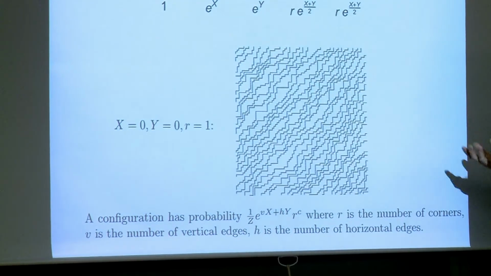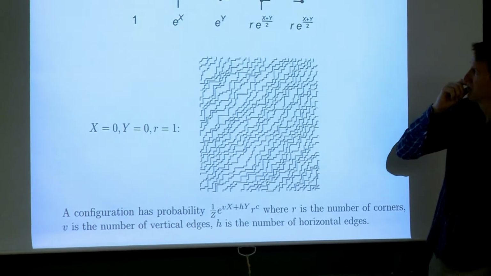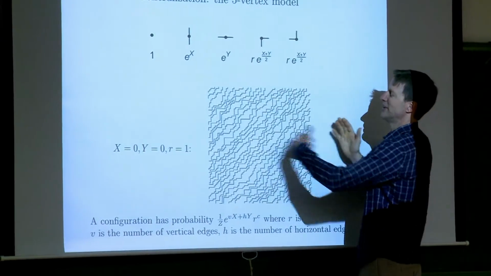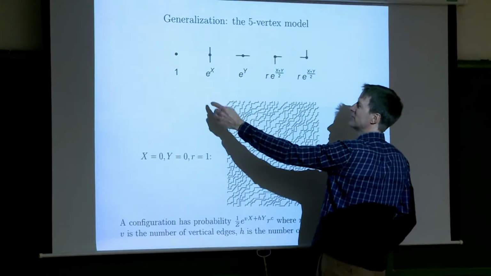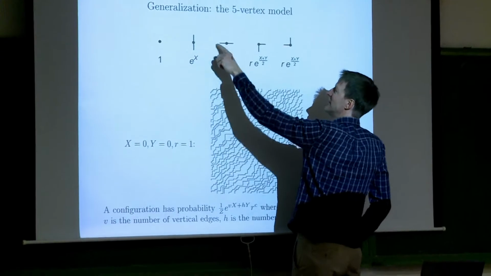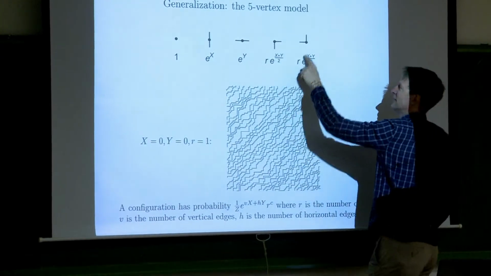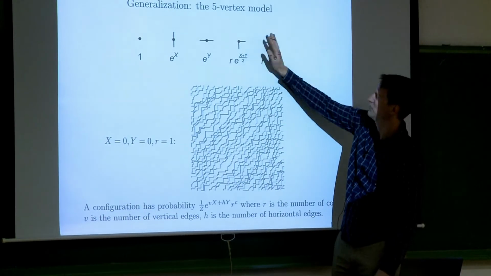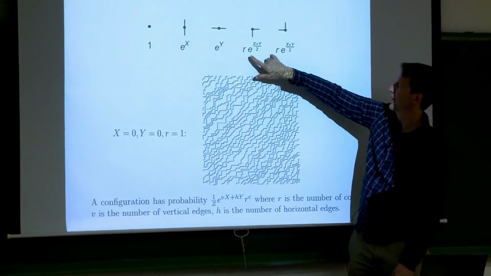And instead of using the uniform measure now, we're going to change the measure a little bit by putting in a weight r per corner. So we take all configurations of this type, and we give a weight to a configuration which gives you an e to the x for this type at a vertex, e to the y, e to the (x plus y) over 2 times r for the corners. You could ignore the x and y's, make them 0, and then what you get is a factor of r per corner.